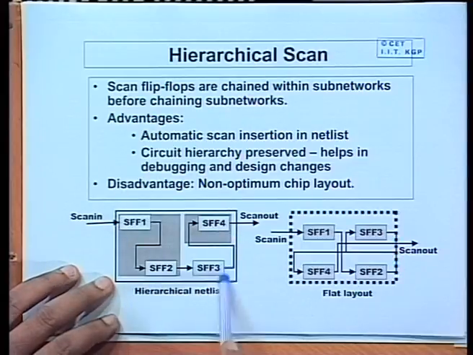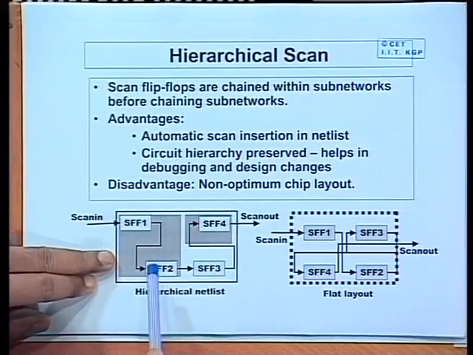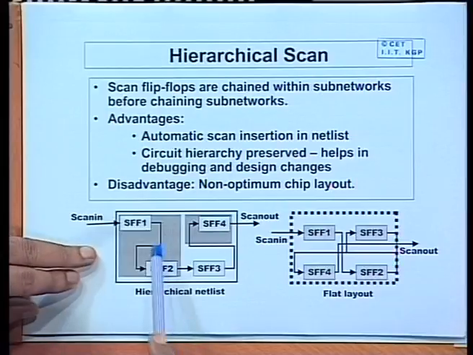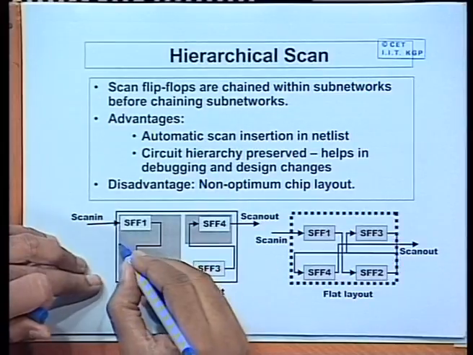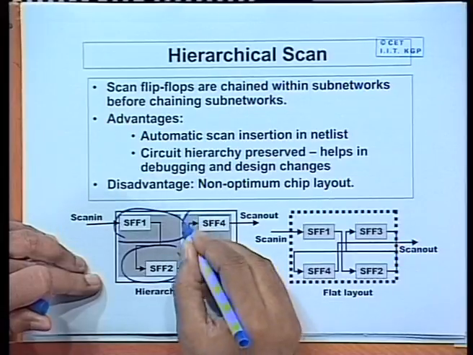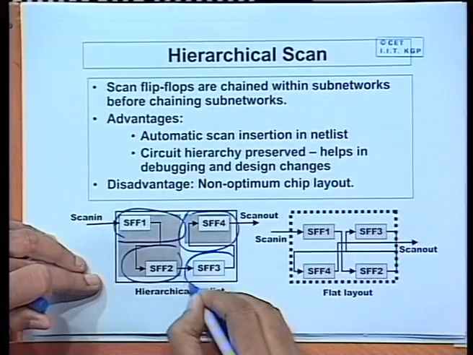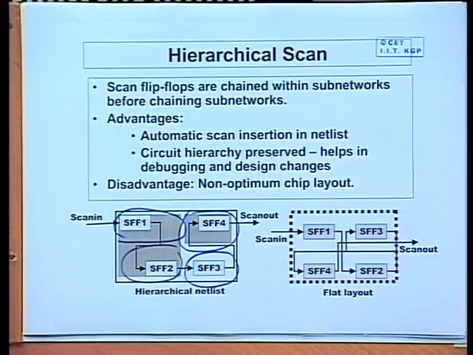So, I am not showing the different blocks, I am only showing the flip flops. Say there are different blocks in your circuit where there are flip flops. So, without loss of generality I am showing only one flip flop in one region, but it can be more. Say this is one region, this is one region, this is one region and this is one region, and this is how they can be connected.